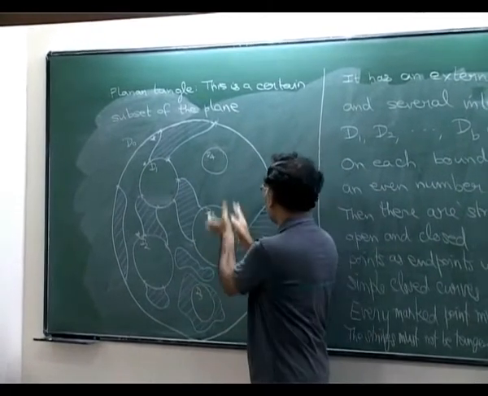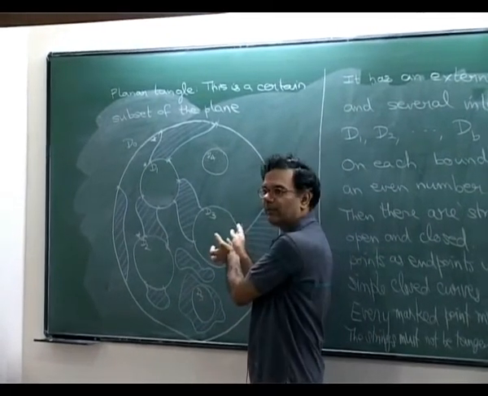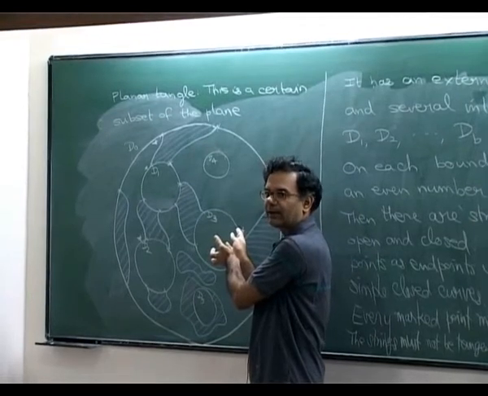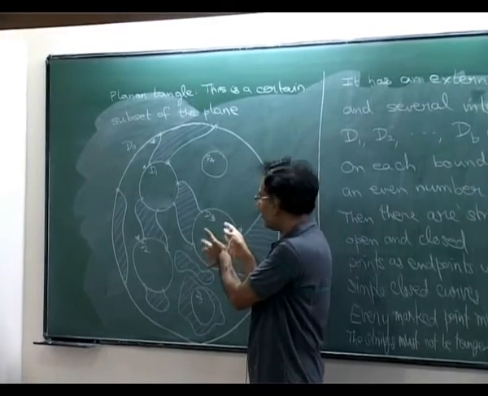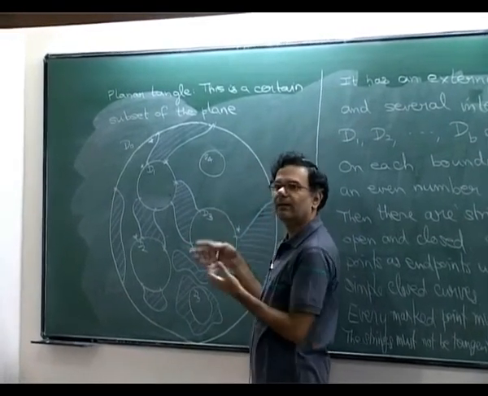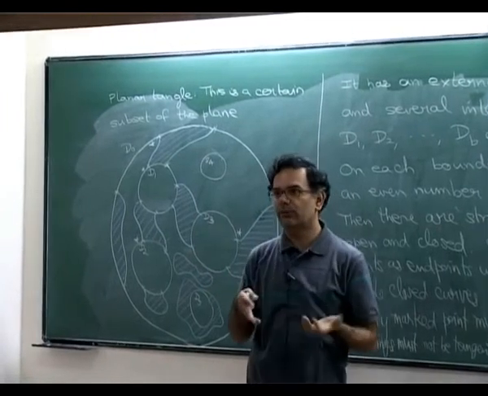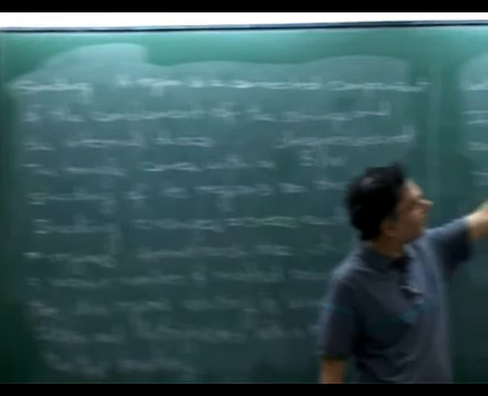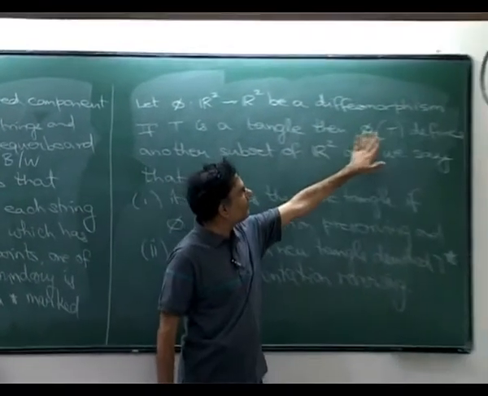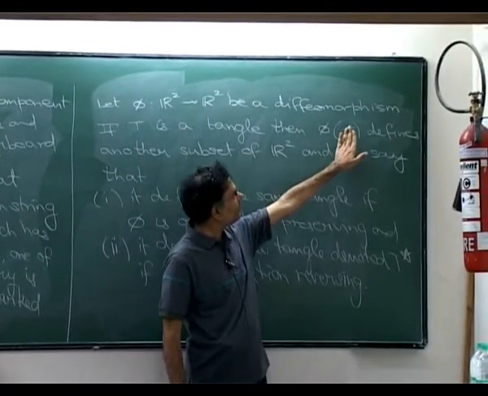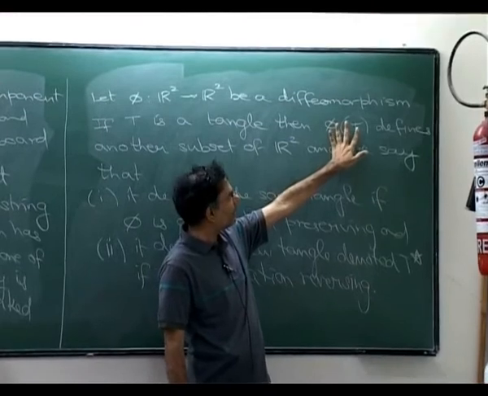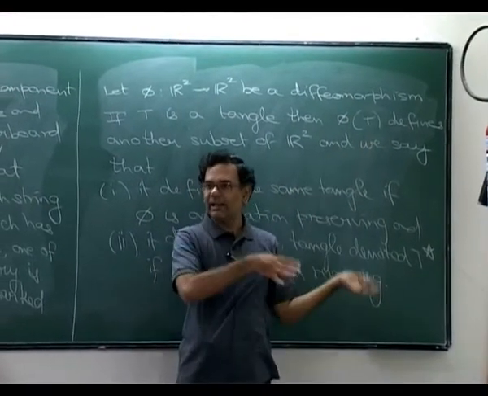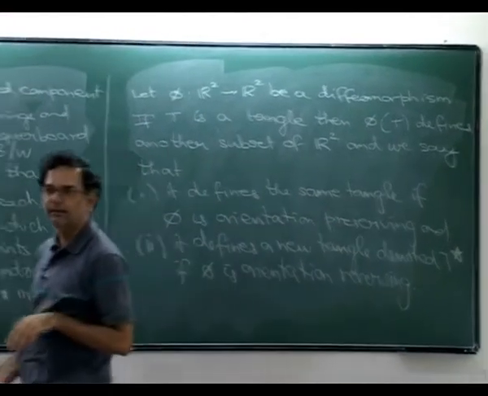So if I move this slightly up, the same region I should have as the star. Phi takes the data along, and the subset to the subset phi of T. So that is how phi of T is a tangle. Phi is just a diffeomorphism of R2, T is a subset, so phi of T would just be a subset of R2, but you carry all the data along, then it becomes a tangle.